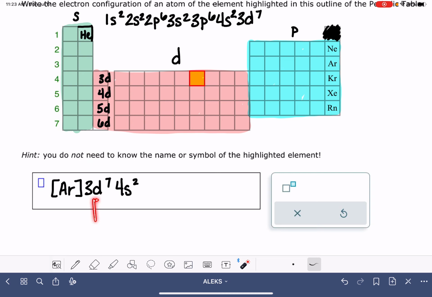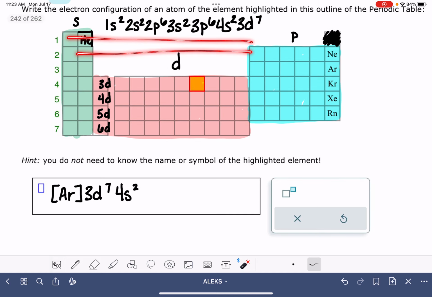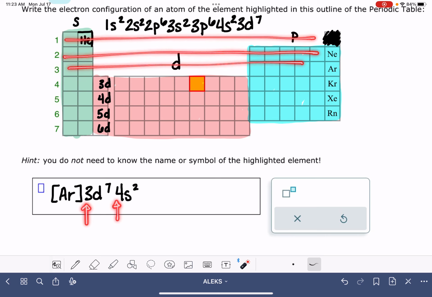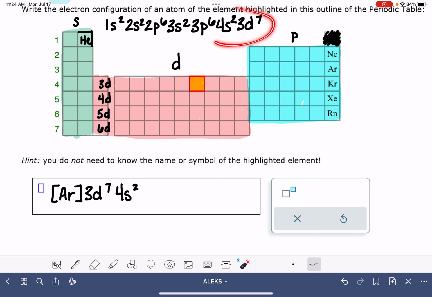So it wants it not in the order that we would read it off of the periodic table, and not in order of increasing energy, but in order of increasing principal quantum number. It is still necessary for you to use this method in order to get the correct number of electrons, reading it off the periodic table, but then once you get that electron configuration identified, you're just going to rearrange it to get those principal quantum numbers in order of lowest to highest.